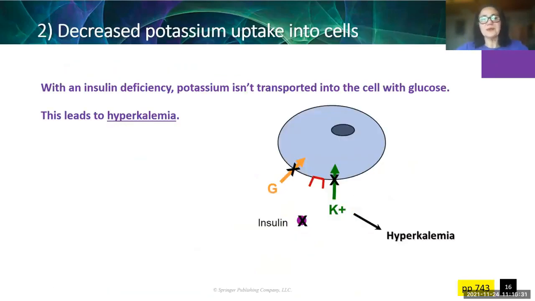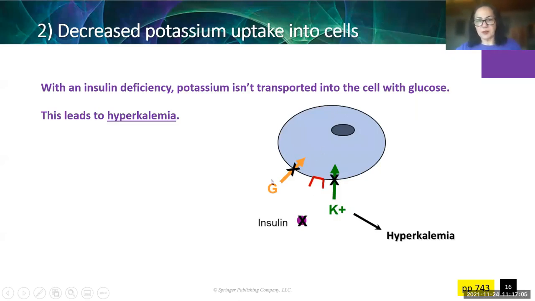Now we are on to the second consequence of having low insulin. And this one we don't talk about as much. There's decreased potassium uptake into the cells. I mean, everybody knows that glucose is brought into the cells with insulin. What is less well known is that insulin allows the cells to take up potassium. Let's walk through this again. There's no insulin, so here's the receptor for the insulin. It's not being stimulated.